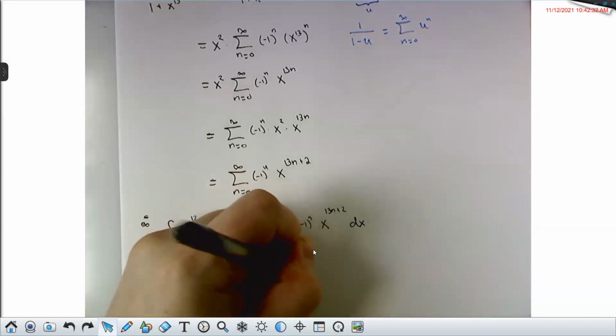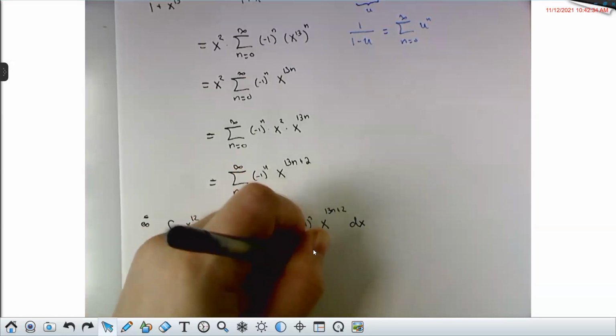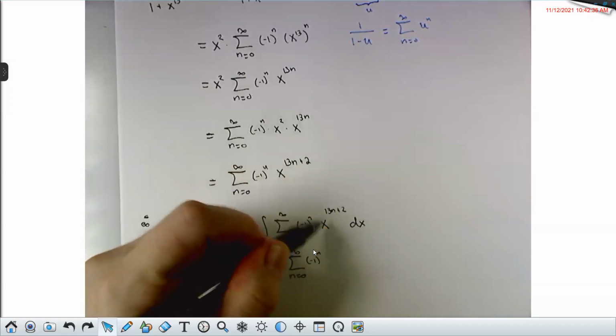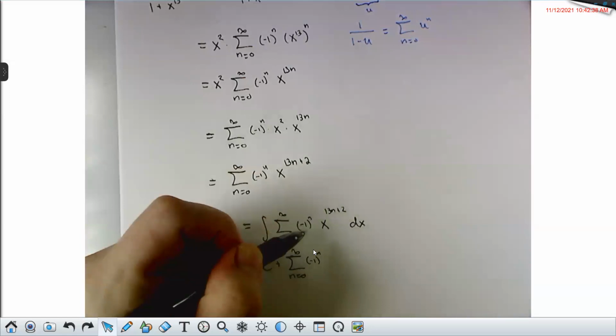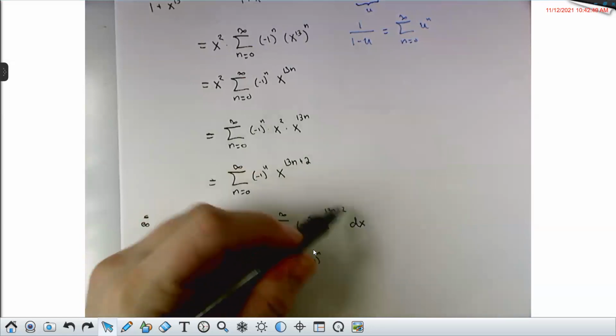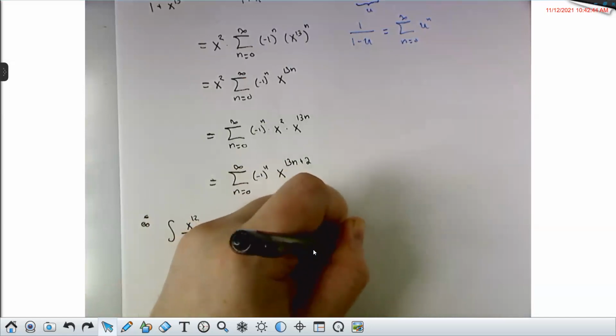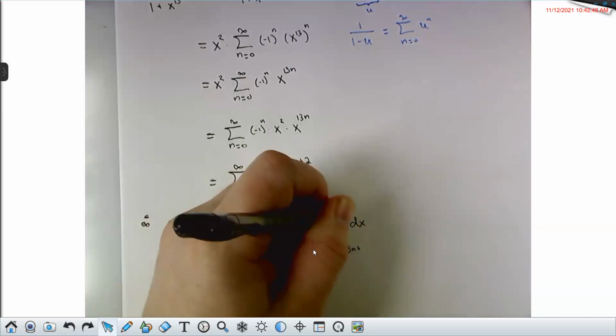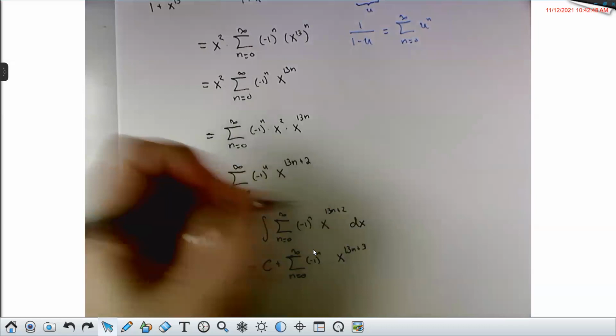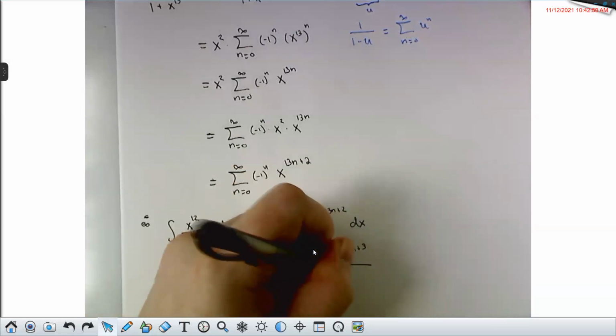The integral doesn't see sigma. He doesn't see negative 1 to the n. He only sees x to the 13n plus 2. And if you integrate any power of x, that's always done by adding 1 to the power. So 13n plus 2 plus 1 is 13n plus 3. And then you divide by that new power.